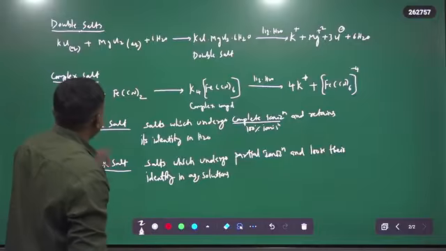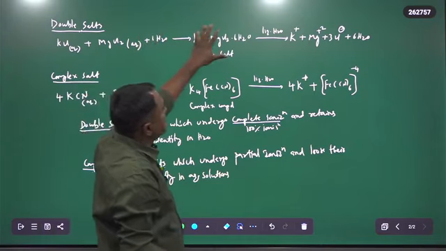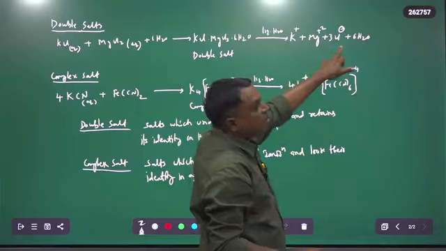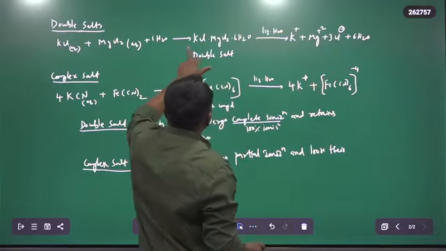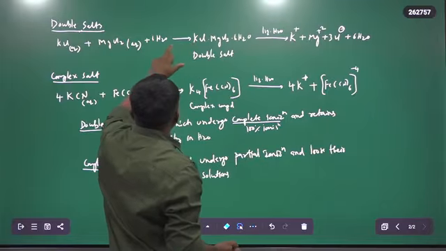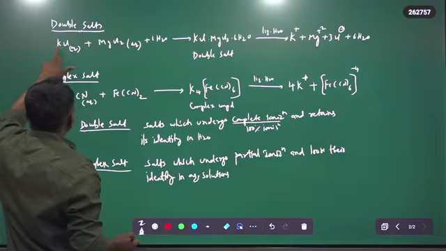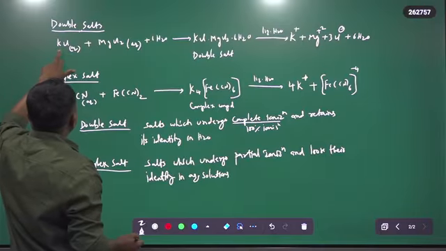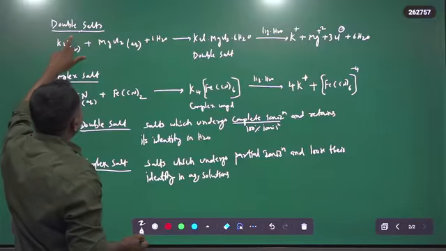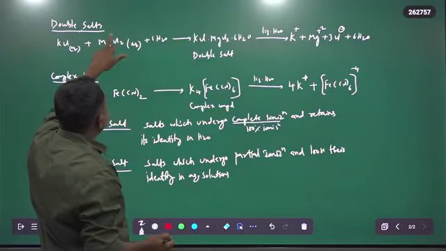For example, in the case of double salts, when dissolved in water you get all its constituent ions. Independently, potassium chloride represents K+ and Cl- ions, whereas magnesium chloride represents Mg2+ and Cl-.